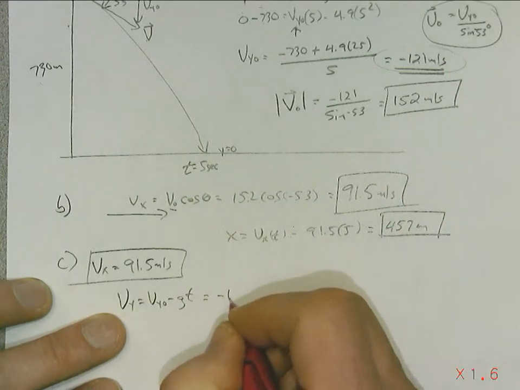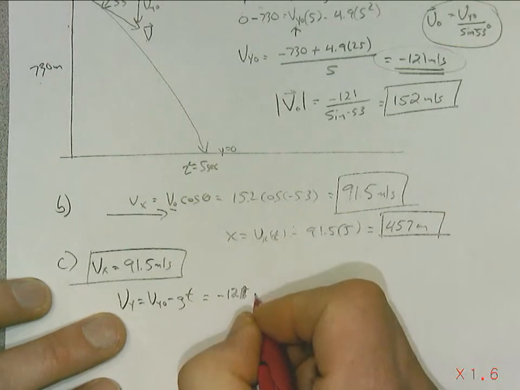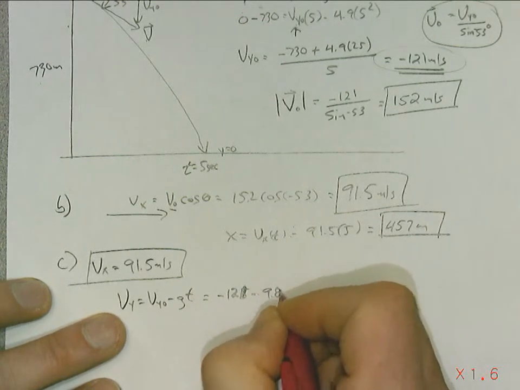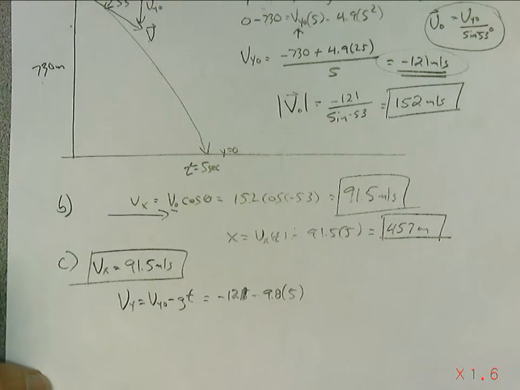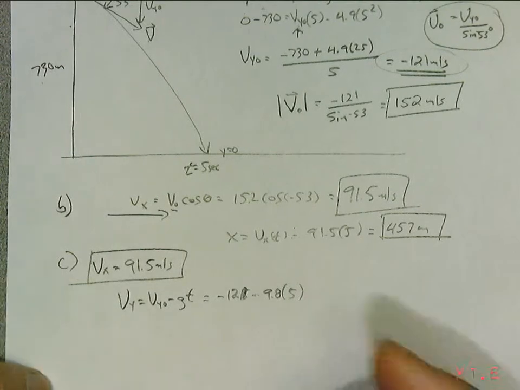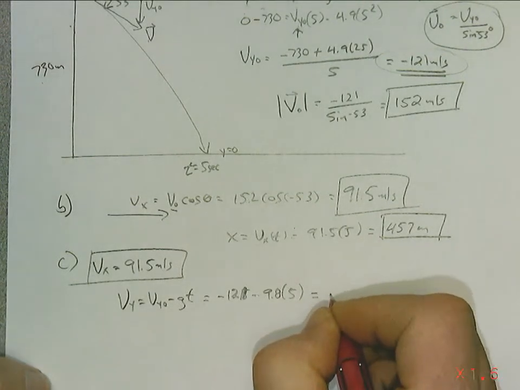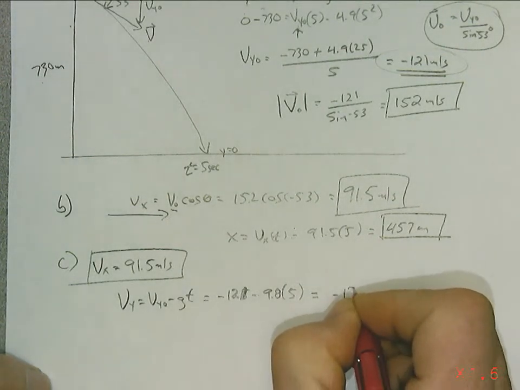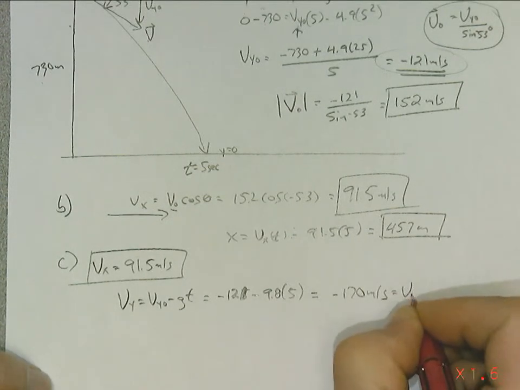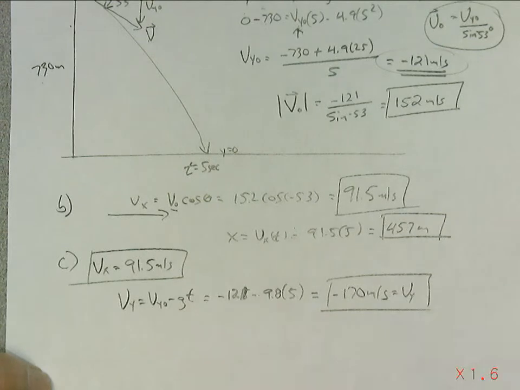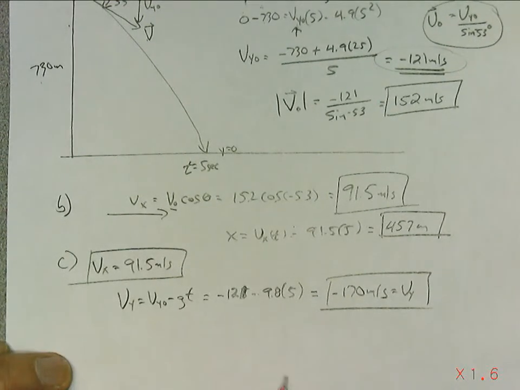So minus 121, minus 9.8 times 5, which gives us minus 170 meters per second, which is Vy final. And that is our final answer as well.